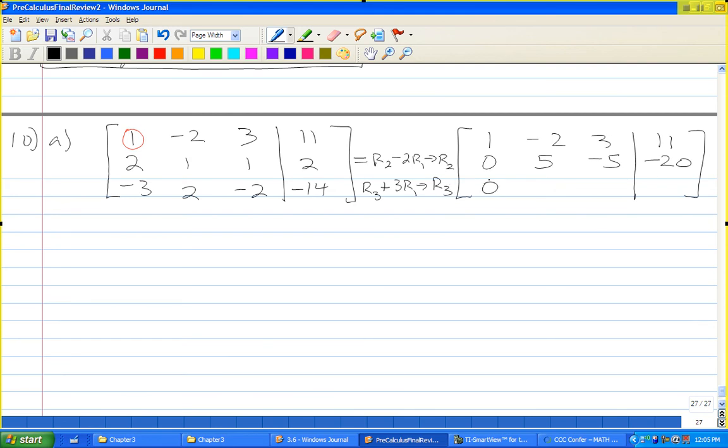3 plus negative 3 is 0. 2 minus 6 is negative 4. Negative 2 plus 9 is... Sorry, 3 times 11 is 33, minus 14 is 19.